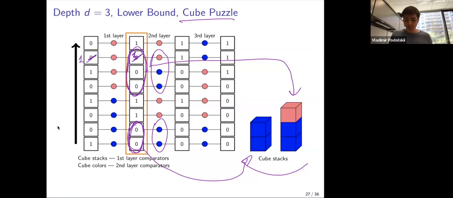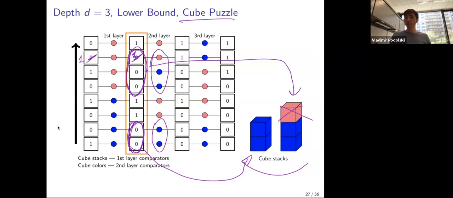In terms of stacks, it means that I take this cube, so I remove this cube from my tower. It means that on the current input, I have access to the cubes on the top of each stack. I have some stacks of cubes, and in one move, I can take one cube from the top.